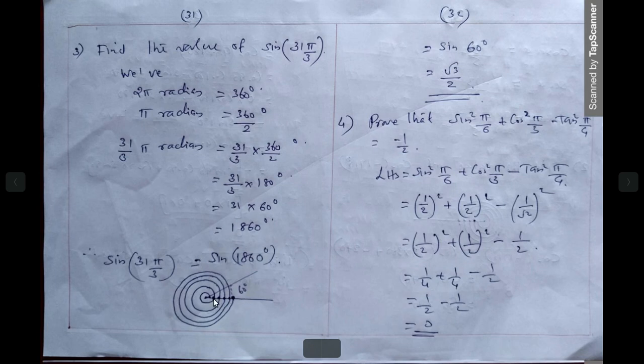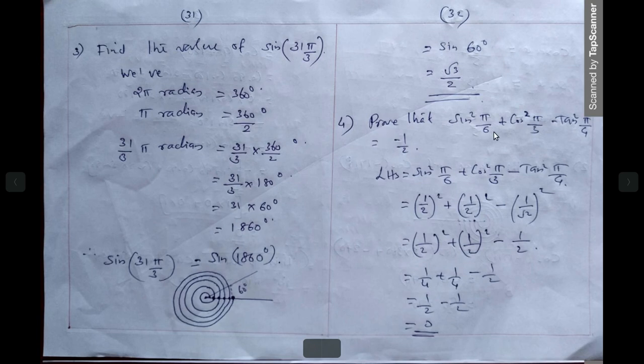That is 1, 2, 3, 4, 5. 5 into 360 degrees, you take your calculator and find it, then plus 60, that is 1860. So instead of this, you can write only 60 degrees: sin 60 degrees. We know that sin 60 degrees is equal to root 3 by 2. That's all about this question, which is very important.